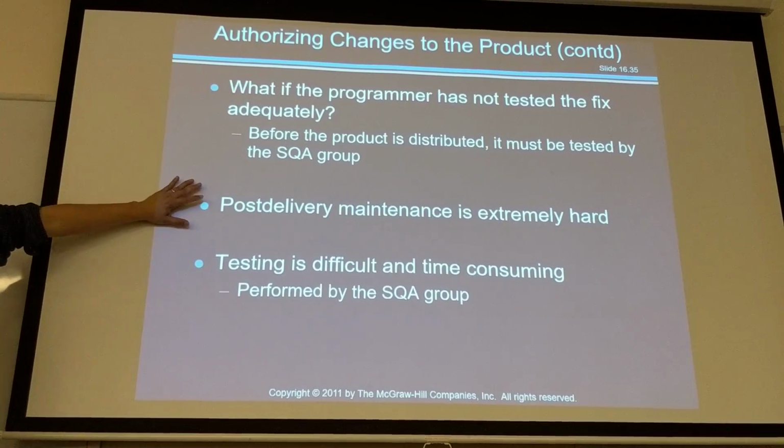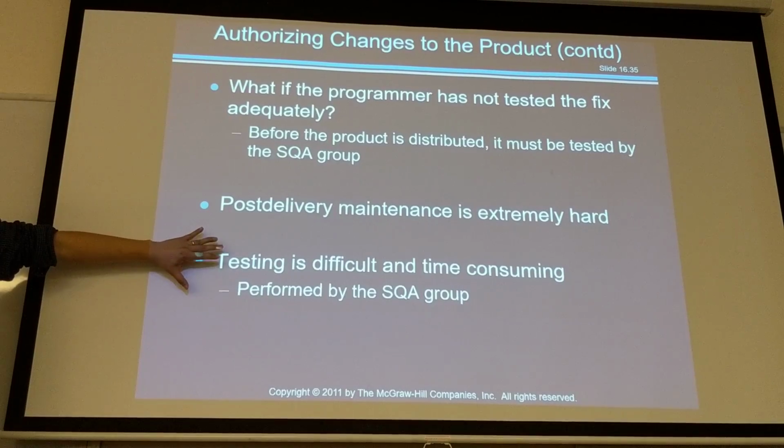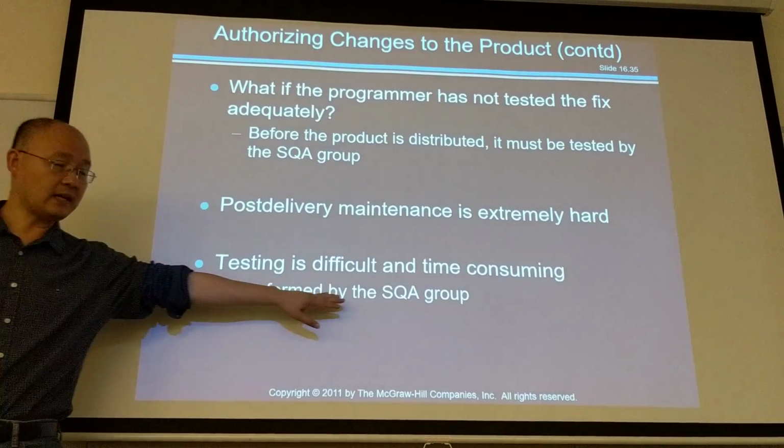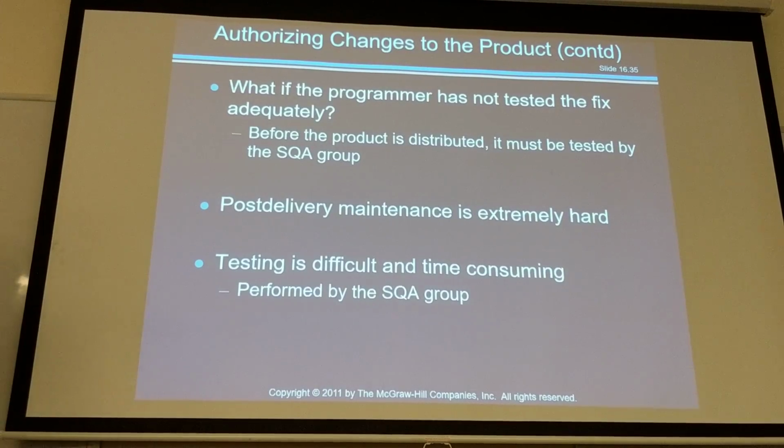So posterior maintenance is actually very hard, and testing is the most critical thing. Although here it says SQA group, it's very typical today that you don't have a dedicated SQA team. The SQA team is basically your development team, and more likely than not, it's also your operational team.